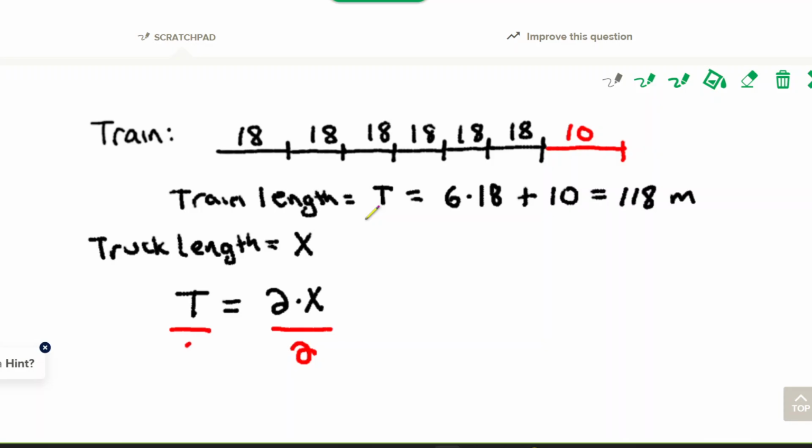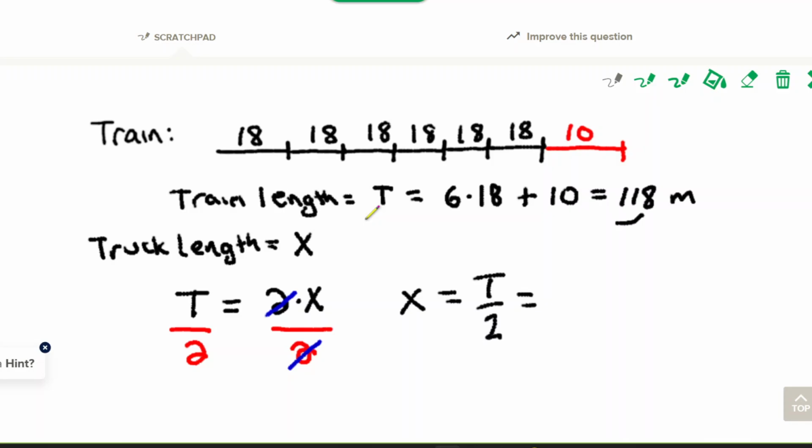So I'm going to divide by 2 on the right, and if you divide by 2 on one side, you have to do it on the other side as well. On the right side of the equation, the 2's are now common factors in the numerator and denominator, so they cancel. And so I have X by itself. X will be equal to T divided by 2.